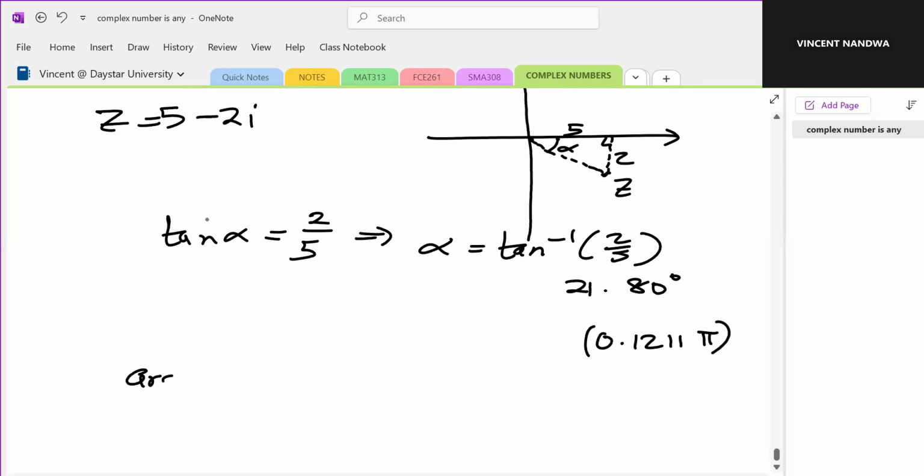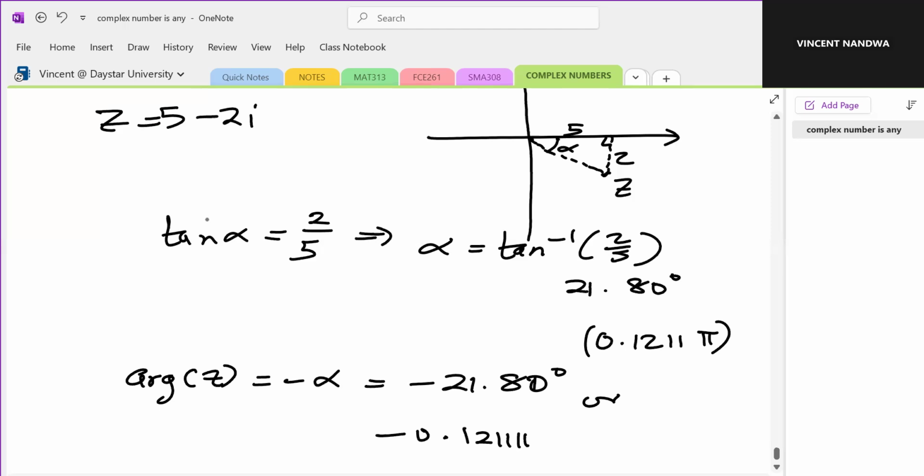So argument, if you want to restrict yourself to the range minus 180 to 180, then it becomes negative of alpha, which will be negative of 21.80 degrees, or negative 0.1211 pi. That is a principal angle that is measured between minus 180 to positive 180 degrees.